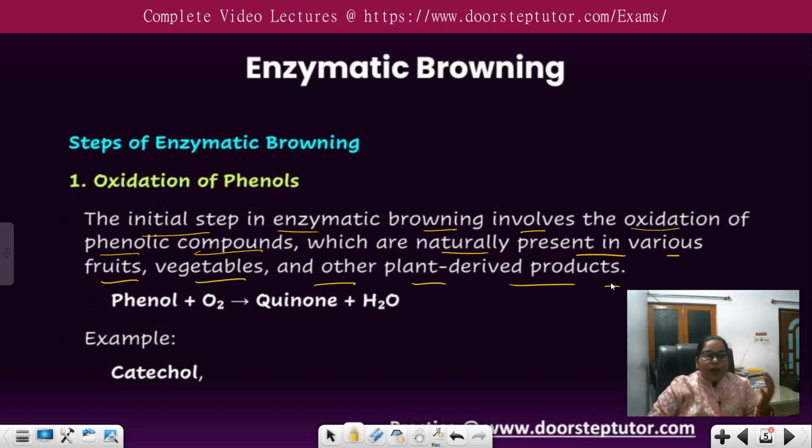The basic enzyme, polyphenol oxidase, PPO, plays a very important role in catalyzing this reaction.